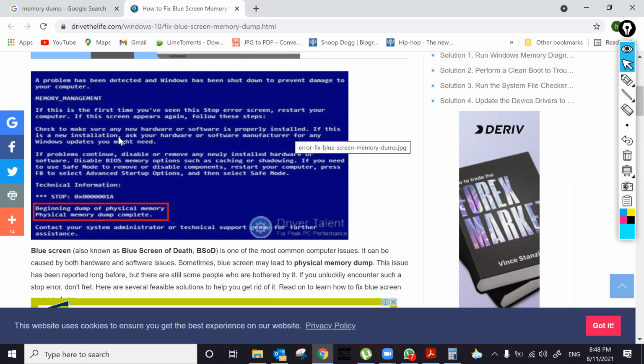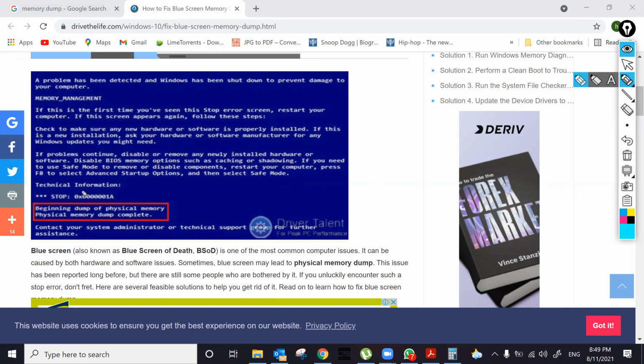If this is a new installation, ask your hardware or software manufacturer for any Windows updates you might need. If problems continue, disable or remove any newly installed hardware or software. Disable BIOS memory options such as caching and shadowing. If you need to use safe mode to remove or disable components, restart your computer.